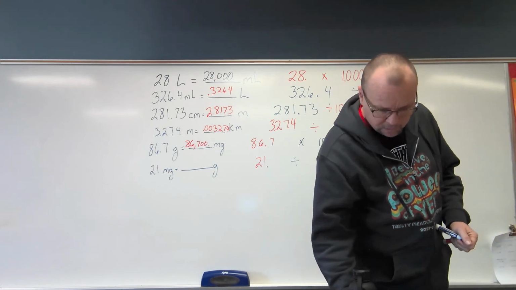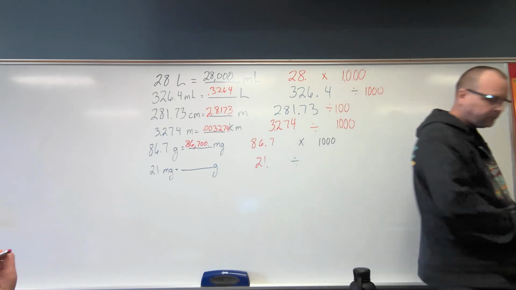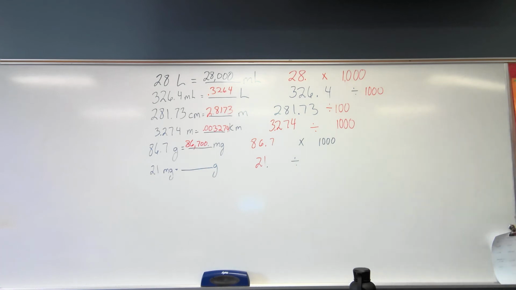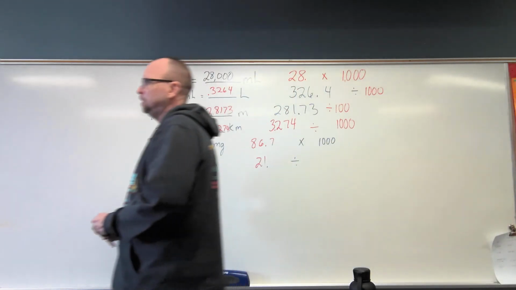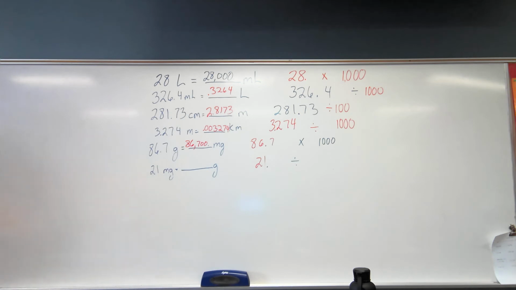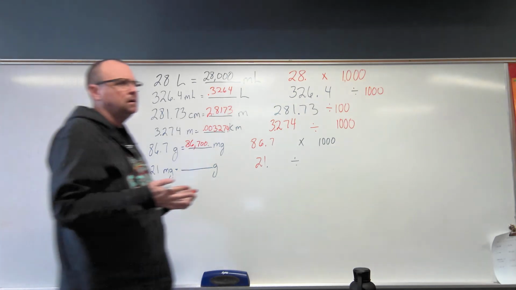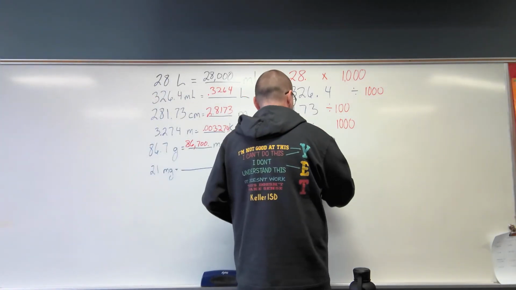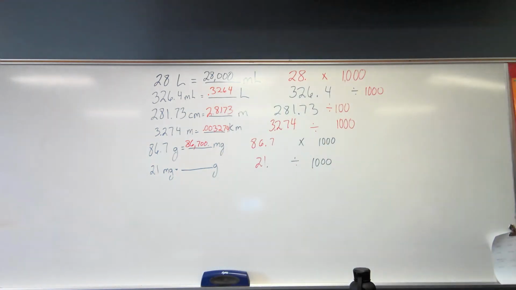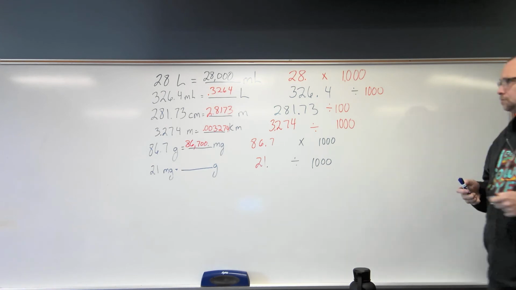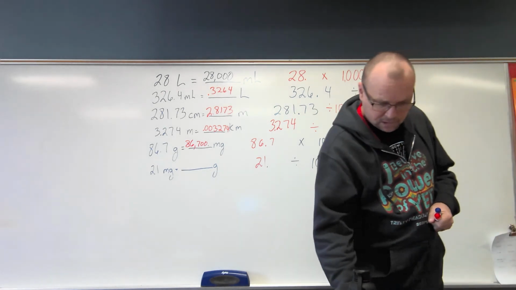And we're gonna divide by what, Maddie D? How many milligrams in a gram, Maddie D? 1,000. So 21 divided by 1,000 is what?